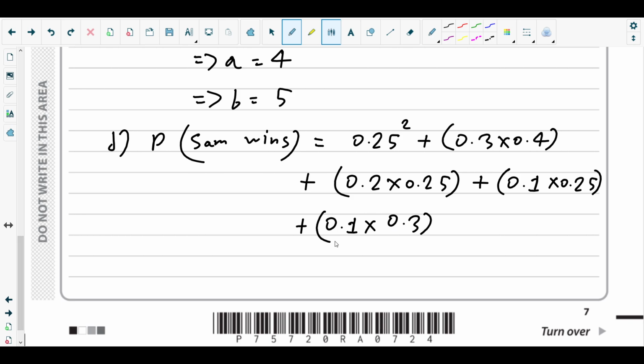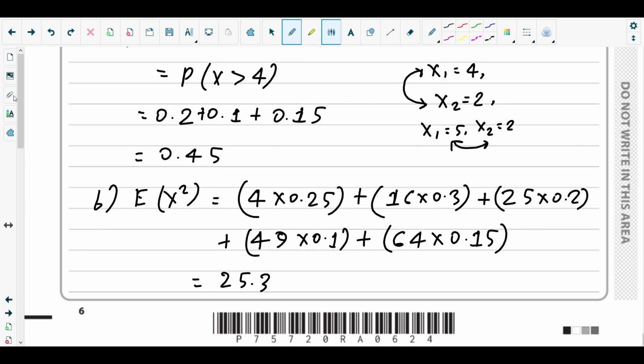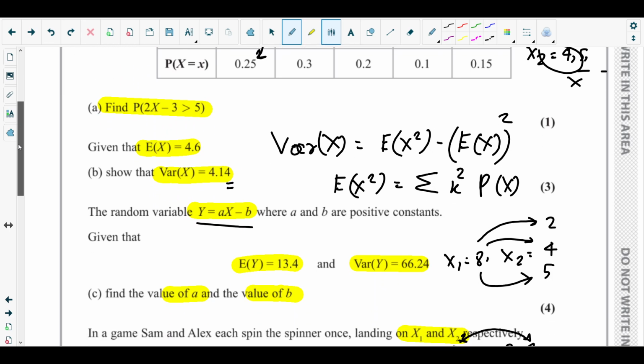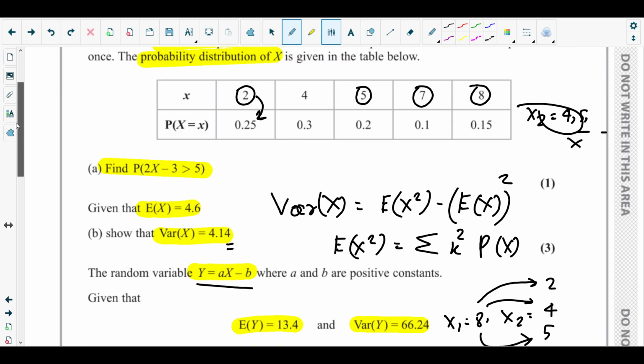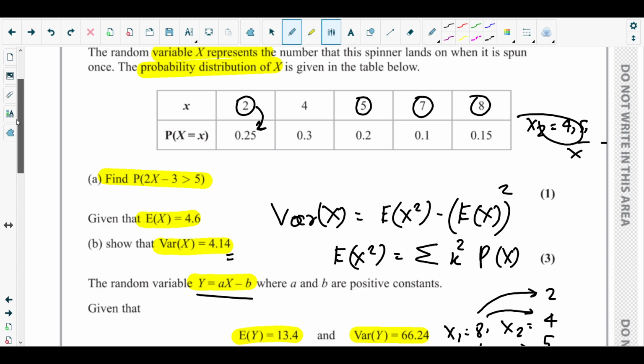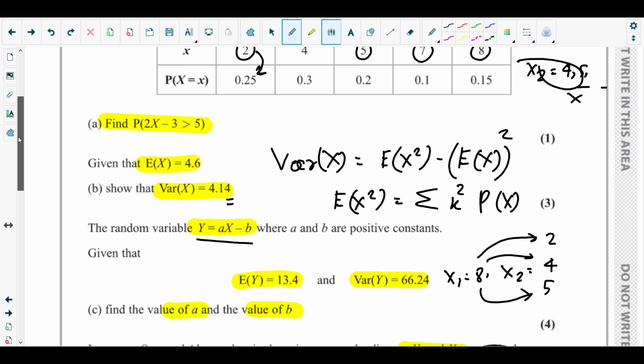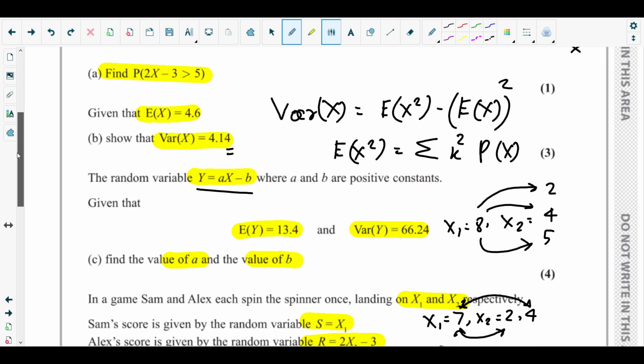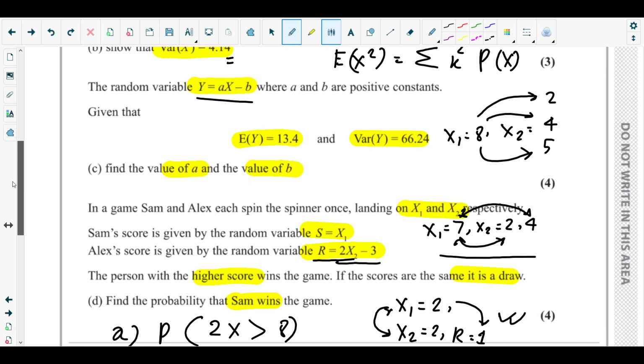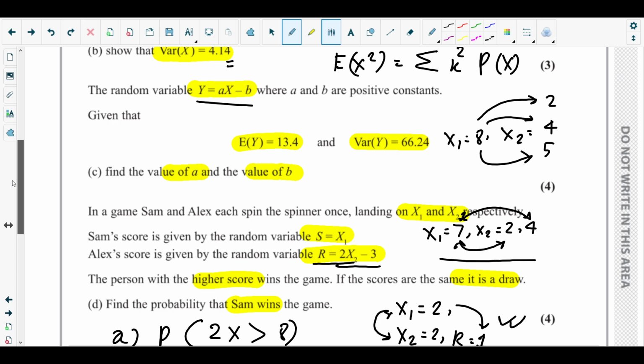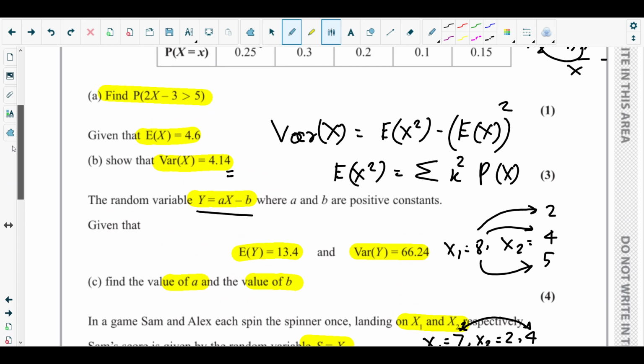And at last we got 3 possible combinations when Sam's score is 8: 8, 2; 8, 4; 8, 5. Why not 7? 7 times 2 is 14, 14 minus 3 is 11. It's getting greater, so that's why we ignored 7.